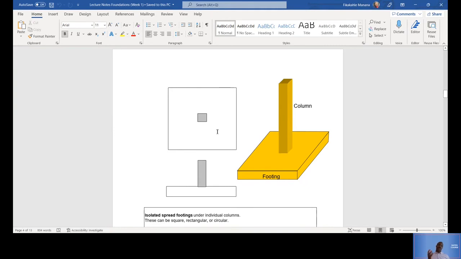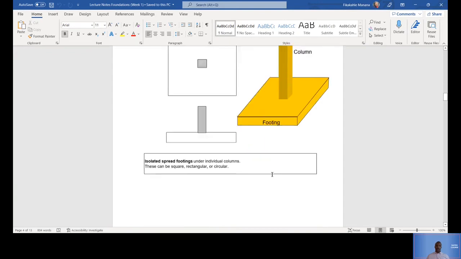So remember, a building has columns in corners and sometimes in the middle of the building, just to carry the weight of the building as well. So it takes the weight of the building and it transfers it to the footing or the foundation, and the foundation transfers it to the soil. So what they're talking about being isolated, it means this foundation is carrying one of the columns.